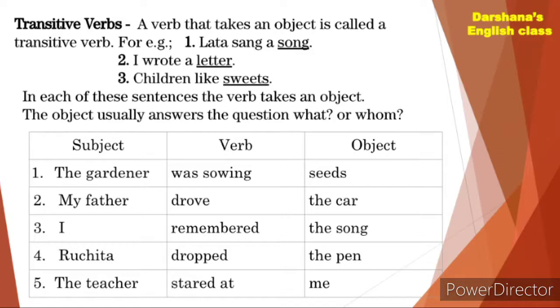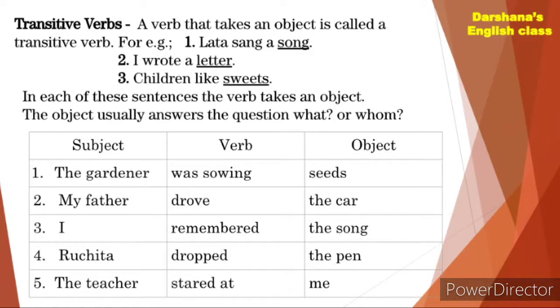So, if you have to identify whether the verb is a transitive or an intransitive verb, you should raise a question for that sentence using what or whom, and you'll get a clear understanding whether it's a transitive verb or an intransitive verb. The gardener was sowing seeds.